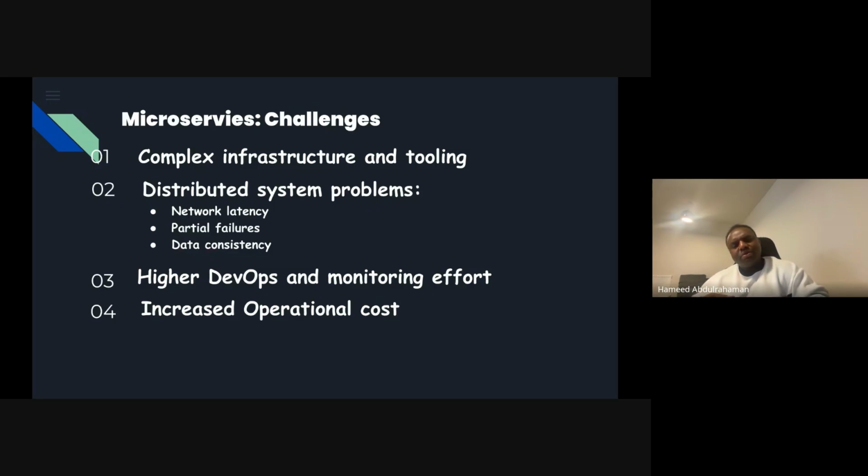Then you have the issue of data consistency. In monolithic, it's very easy since it's a singular database that has this information. But in microservices, it's quite different because each service has its own database.